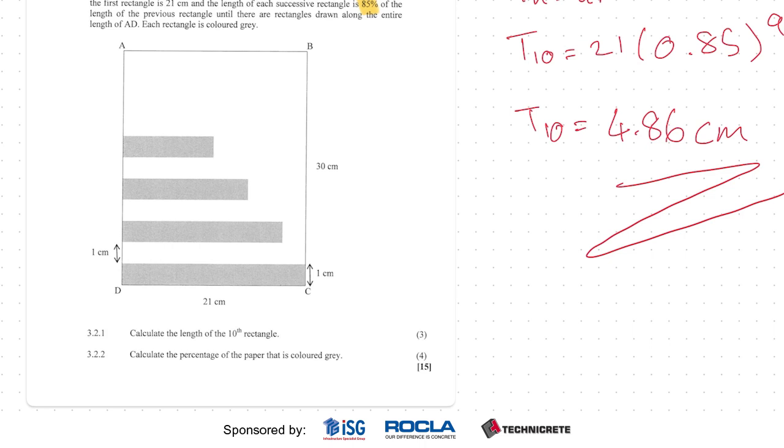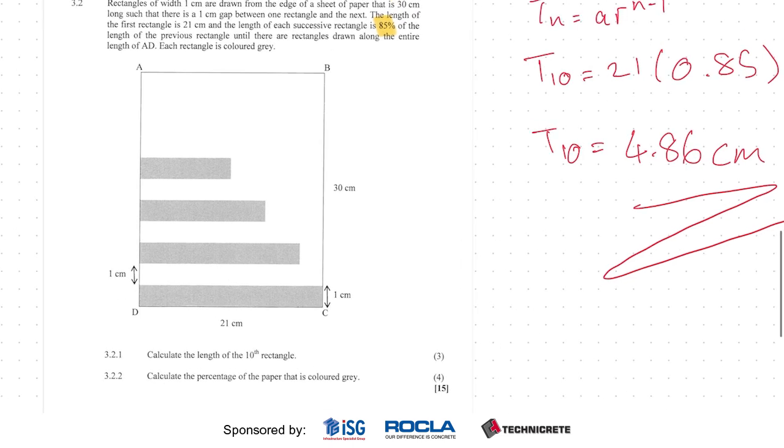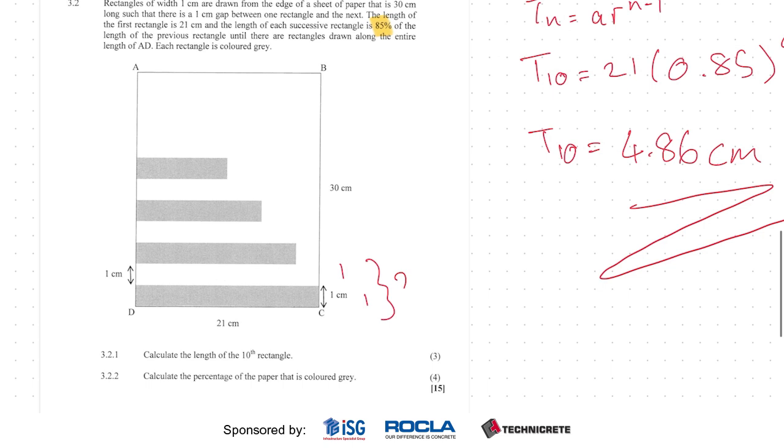First, we need to figure out how many rectangles we can actually fit on this paper. It takes 1 centimeter and then 1 centimeter of space, so 2 centimeters for a rectangle, and we have 30 centimeters total between A and D. So that means we can only fit 15 rectangles.